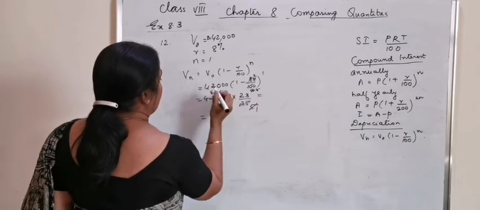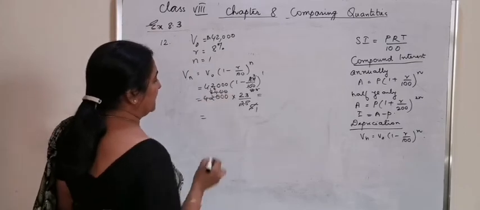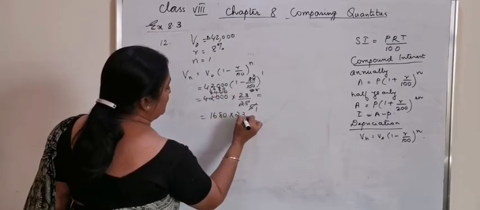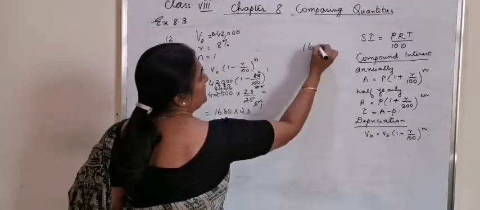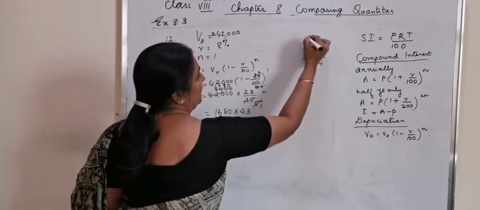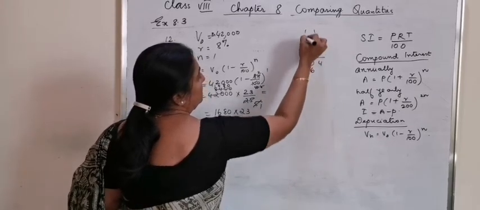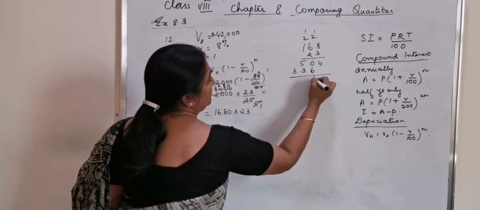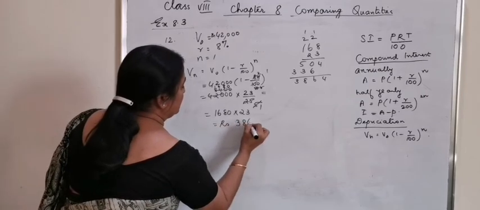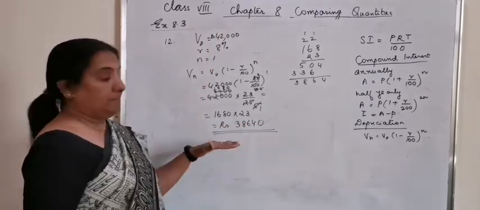Divide once again, 1,680. That means 1680 into 23, which is rupees 38,640. That means the value is becoming less.